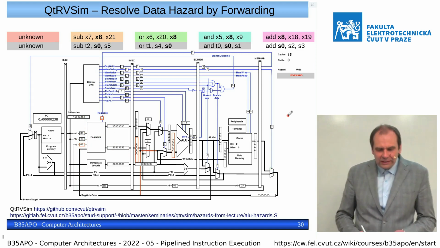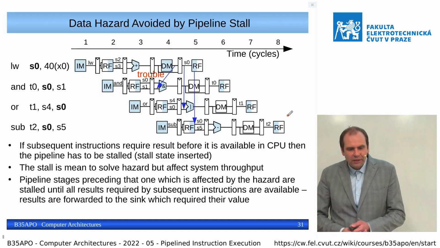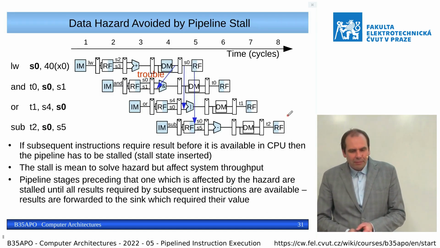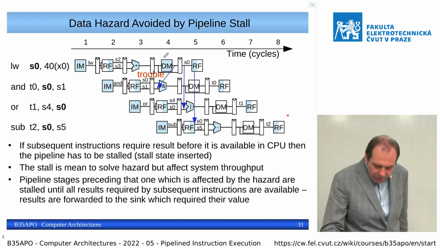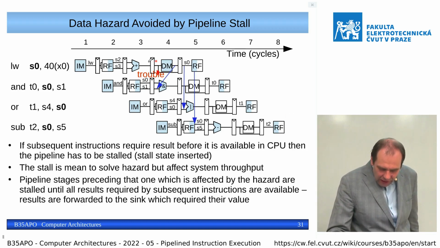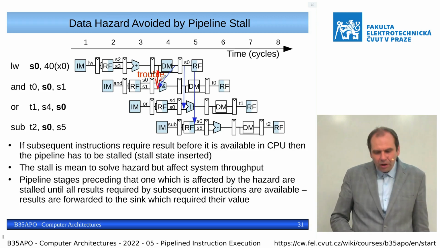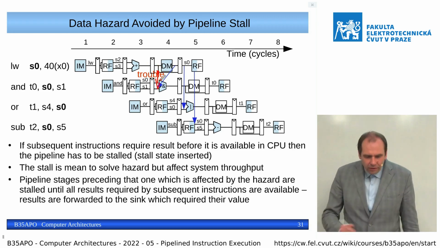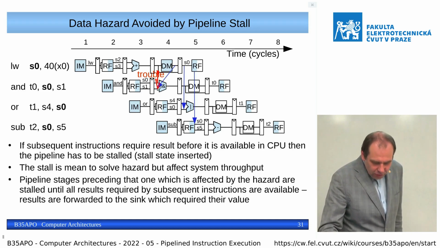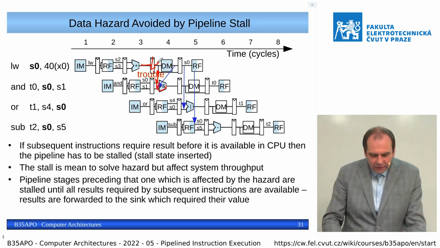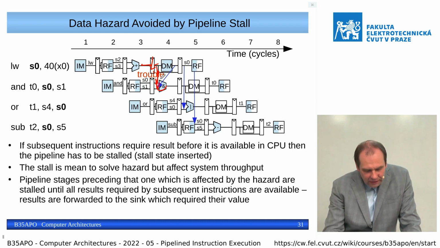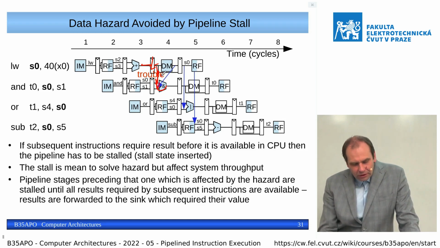So now we see how the forwarding works, but we can get to the trouble. We have seen that we have forwarding from this location, the output from the arithmetic logic unit, to the input of the arithmetic logic unit. So it is output at the next clock cycle, and we provide it directly to the input of the arithmetic logic unit.